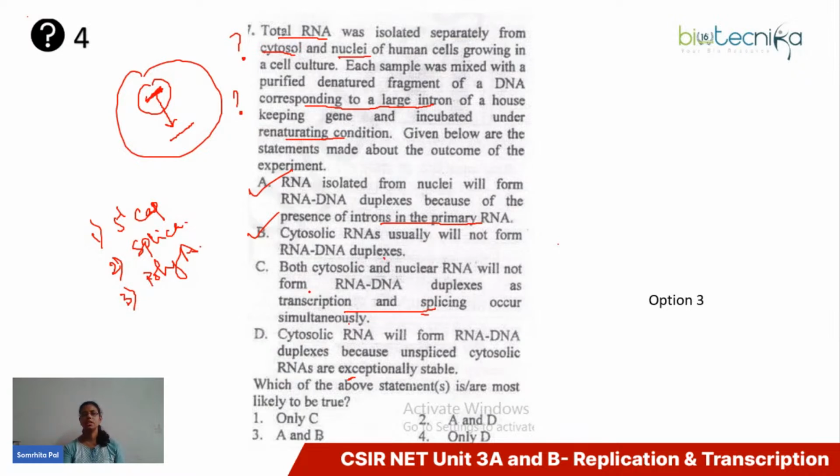It's not complete until you finish the entire transcription and even some time after the transcription. So therefore this is wrong. Next, cytosolic RNA will form RNA DNA duplexes because unspliced cytosolic RNA are exceptionally stable. This is wrong. You don't get unspliced cytosolic RNAs.